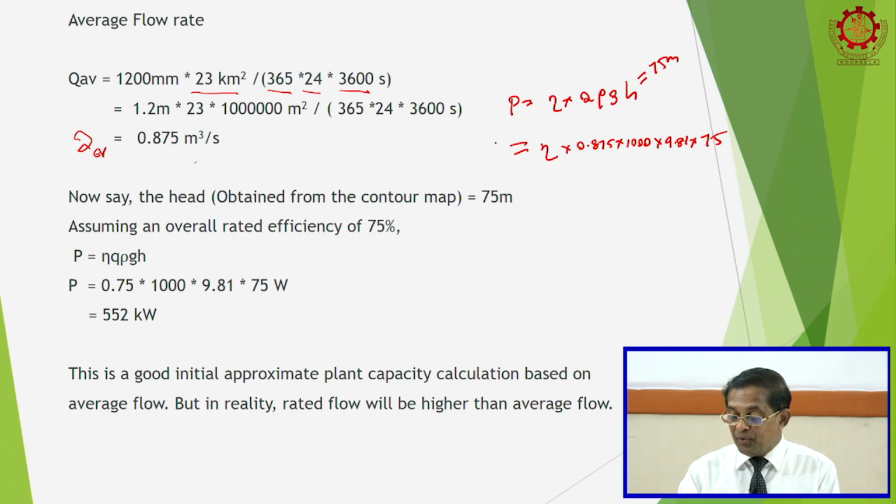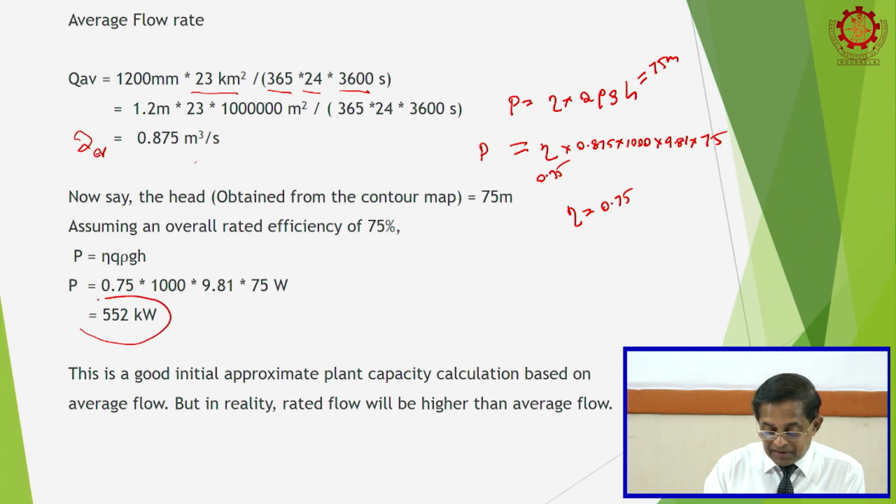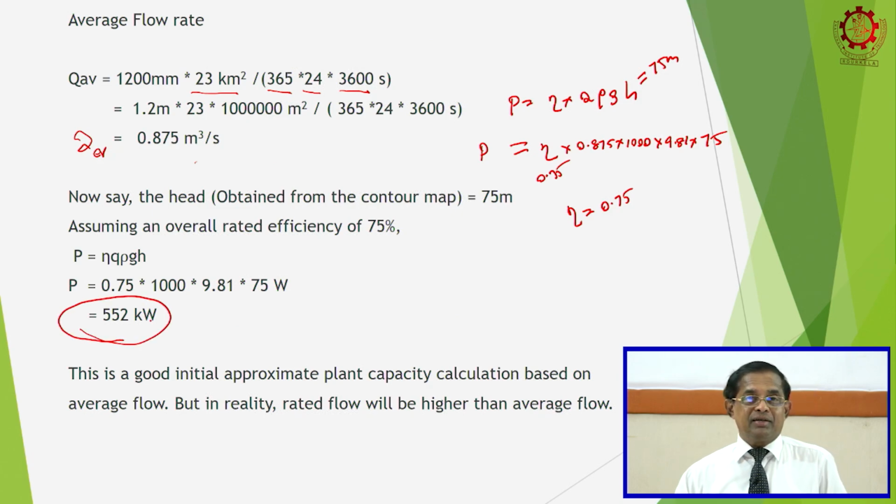So, we can now calculate the project capacity, right. Efficiency, normally total efficiency for the project, we will see later on how it can be calculated, about 75%, right. So, you can put something like 0.75. Now, you can see you come up with the project like 552 kilowatts for project B, right.